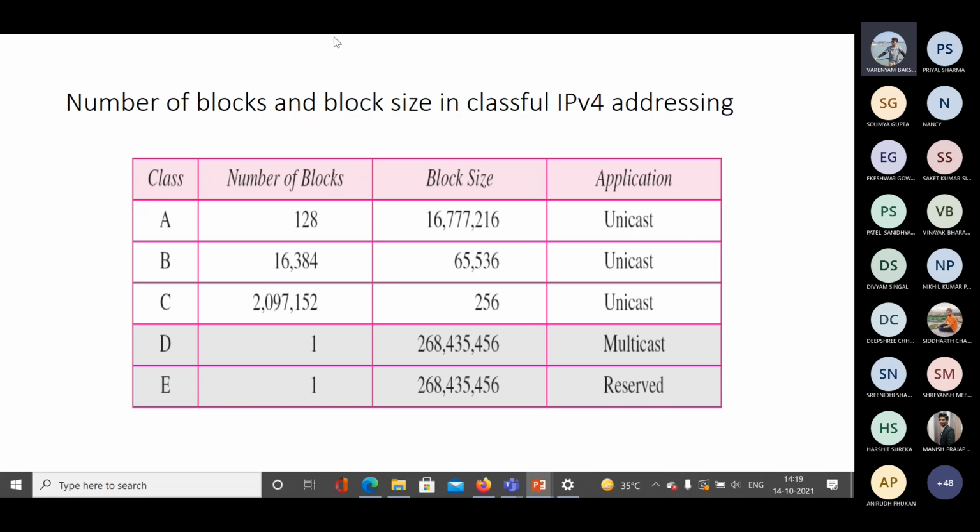This is according to the number of network addresses that you can have. This is 16,384, and this is 2097152. So much larger number of network blocks, I mean blocks, which will basically be the network parts. And this is the block size. These are used for unicasting, that is one-to-one, source-to-destination communication.